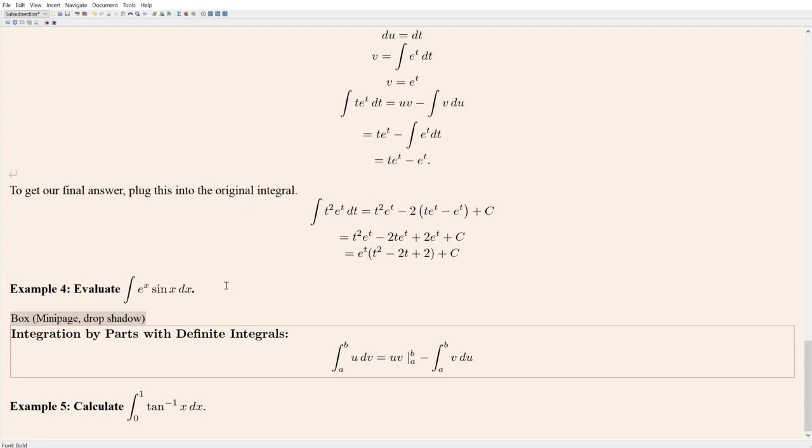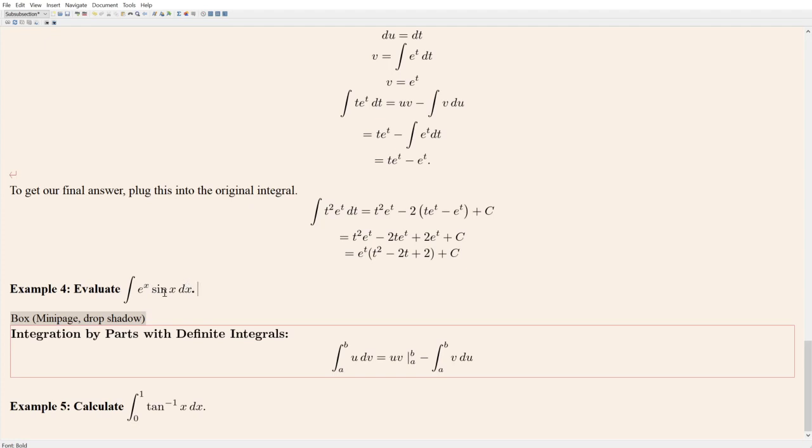Now, this example that we're going to do here is sort of a strange one, but I think it's really cool. So bear with me. e to the x sine x. Once again, we are integrating a product, so that suggests that integration by parts is going to be useful. Now we have to choose u. Let's go through the mnemonic.